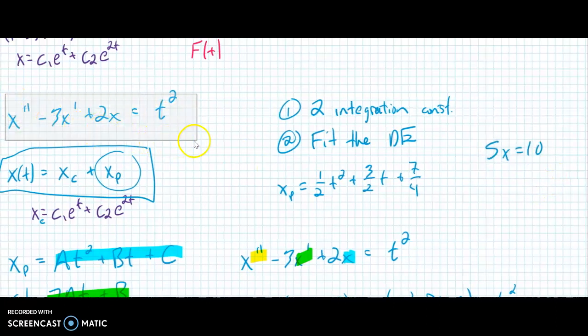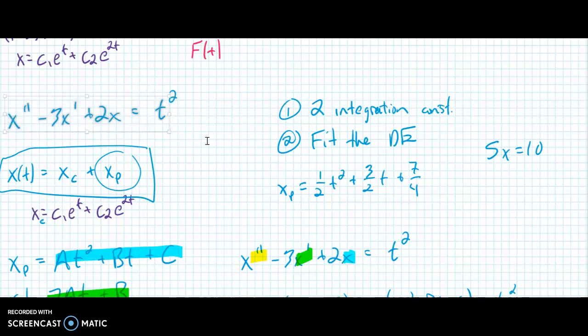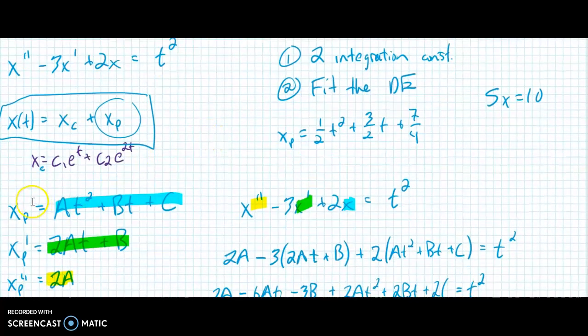The reason I say that is because this is the same thing here. The left side needs to fit this equation and give me a t squared out. So it's undetermined coefficients because we have these functions with these undetermined coefficients. I have a times t squared plus b times t plus a constant.